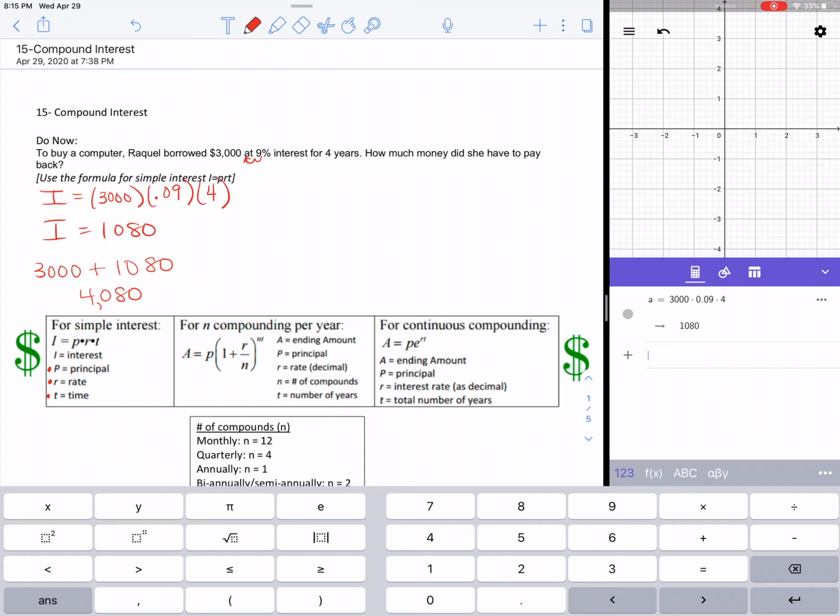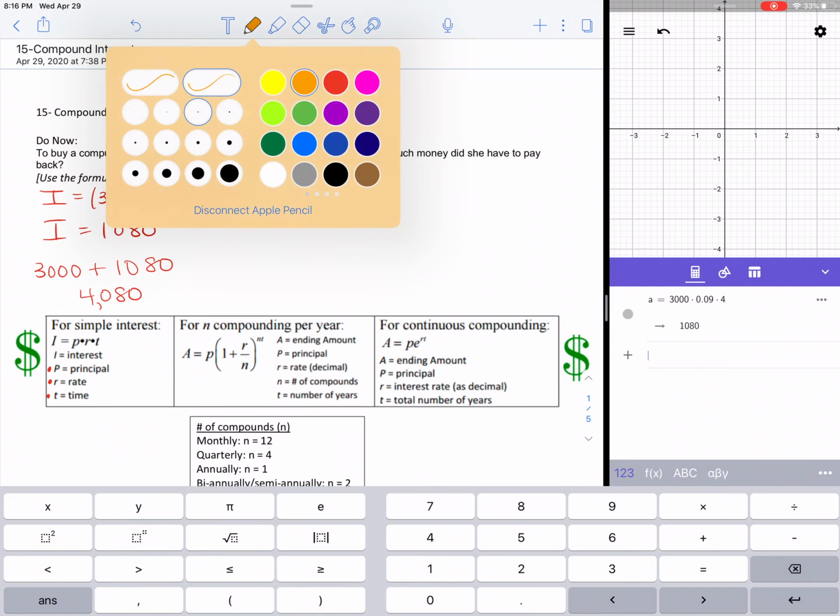Now, today, what we're going to be doing, compound interest: your interest compounds a certain number of times over a year. So if it's compounded annually, once a year, each year the interest would be added on before it computes the interest after that. So that made no sense.